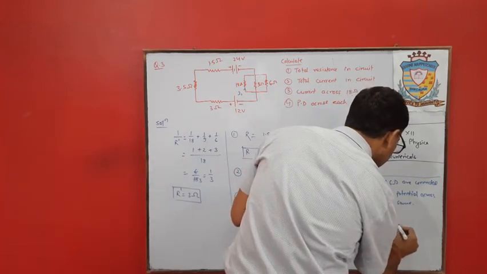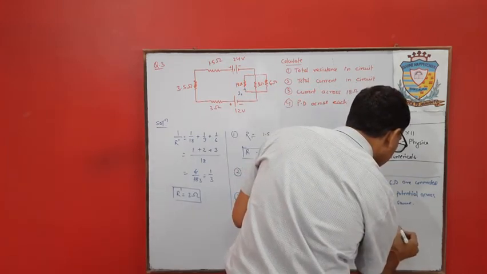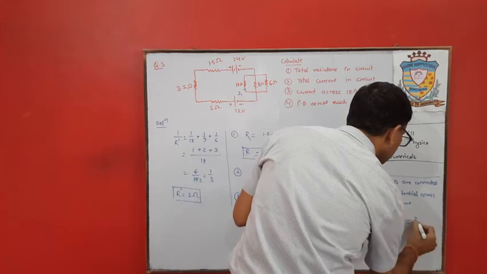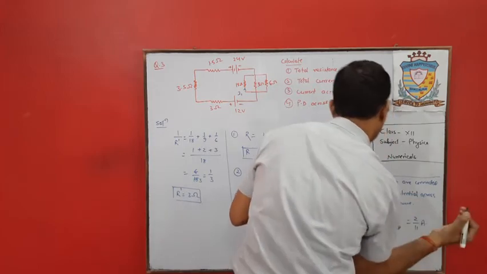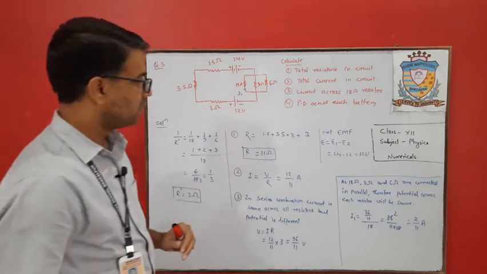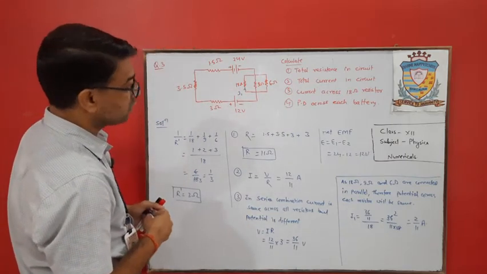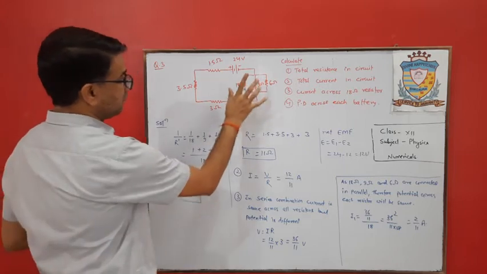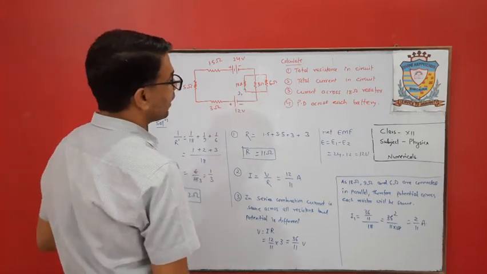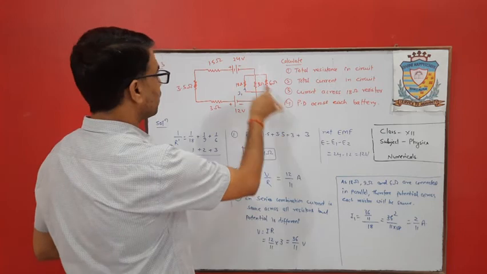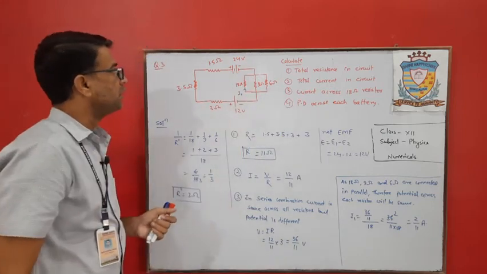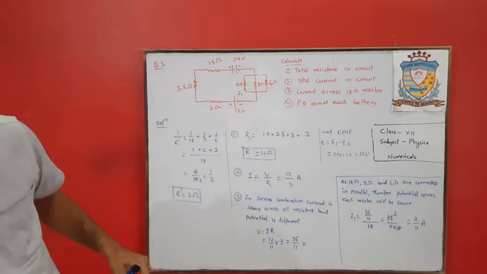This can be written as 36 by 11 into 18. 18 to 36. So 2 upon 11 ampere. Clear? So this is the amount of current which is passing through the 18 ohm resistor. Now we will find the potential difference across each battery, that is for 24 volt and 12 volt.